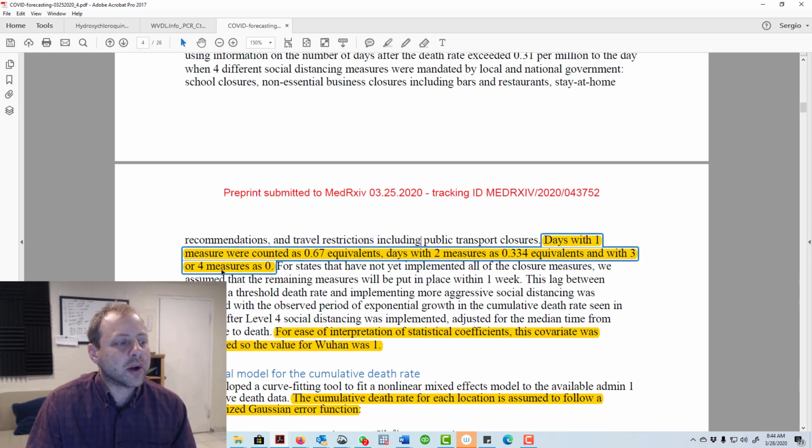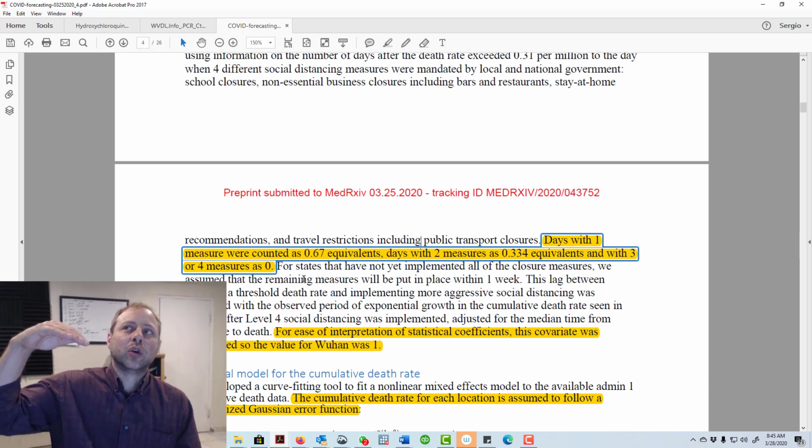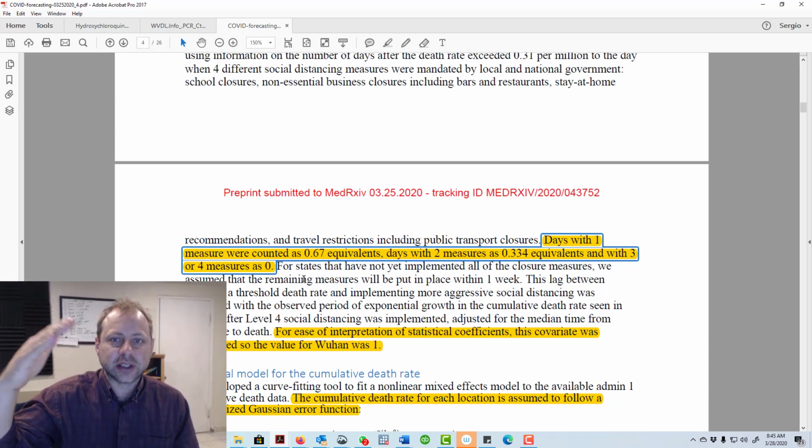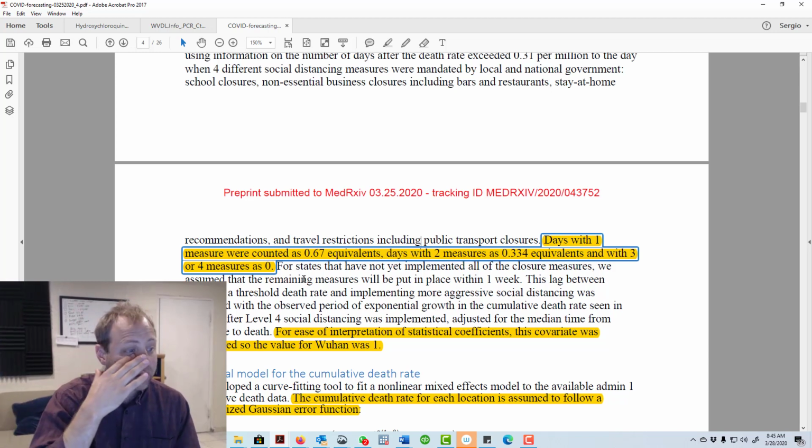I don't know why 4 measures is 0. Ostensibly, and I'd have to look at this in more hours, 0 doesn't mean 0. 0 means growth rate on top of the death growth rate, if that makes any sense. We accelerate the rate of growth.